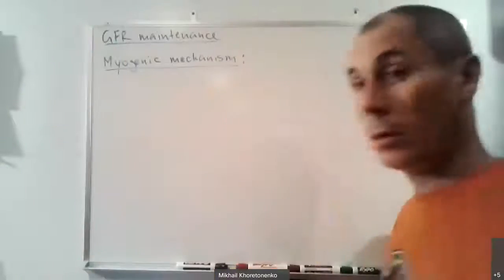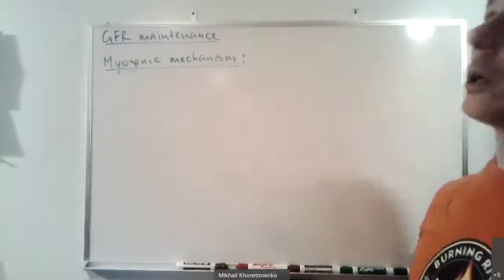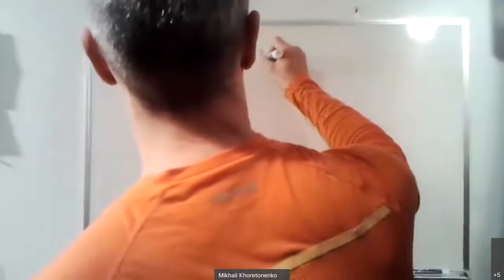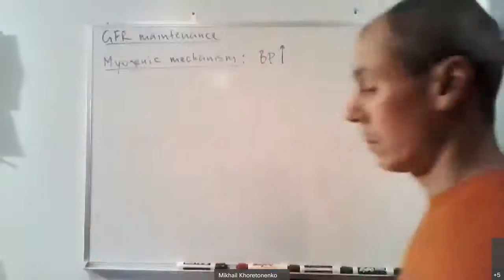So let's say your blood pressure suddenly increases. It doesn't matter whether it increases or decreases. Actually, you know what? Let's do decreases and just more physiological. It works both ways, but decreases is just more relatable.